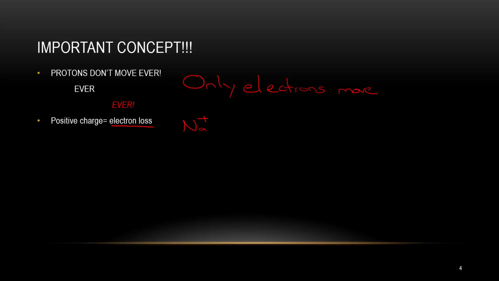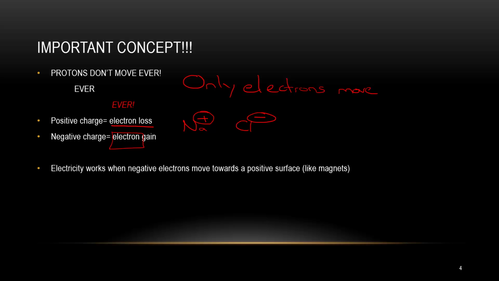To get a positive charge, you lose an electron, or in the case of a non-metal like chlorine, when you gain an electron, you get a negative charge. So for negative charges, you get an electron gain. For positive charges, you get an electron loss. In either case, you're only talking about the electrons.